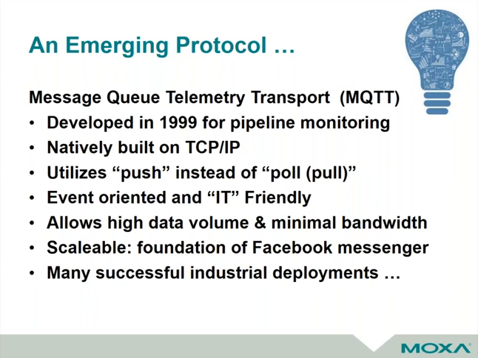It's built upon TCP/IP and utilizes this concept of push-type notification instead of pull. I'll share just a little bit of insight if you're not familiar with it: it utilizes publish subscribe. So you might hear the word pub sub used for that.